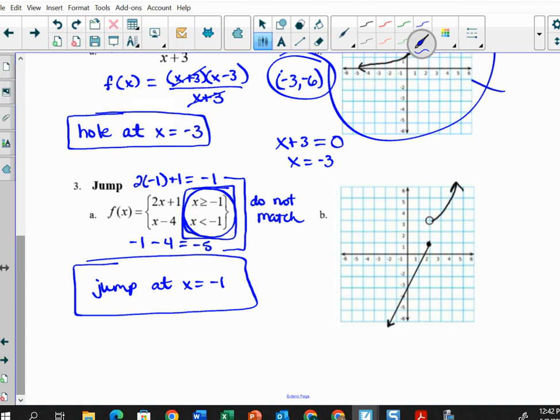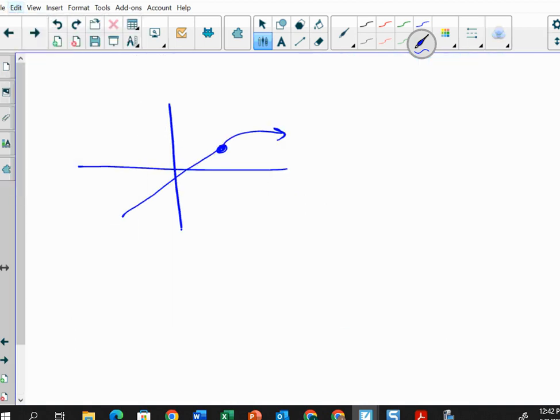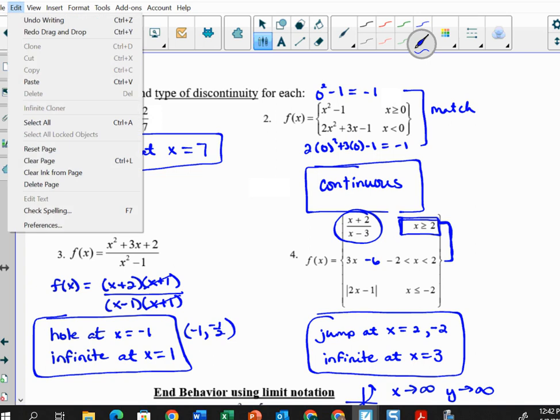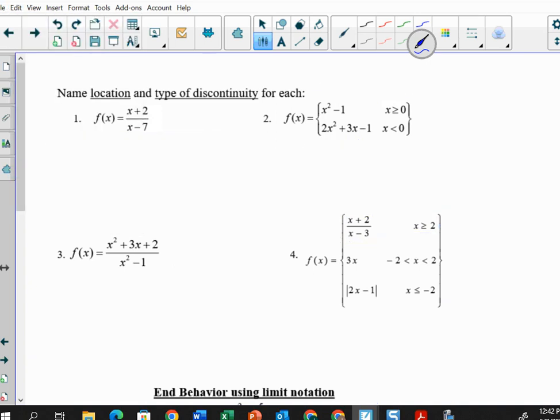All right, let's try a couple. Let's do 1 and 2 together. So I look at number 1. Is that a piecewise function? No, so I probably don't have a jump happening. Is there any factor that can cancel out? Nope, so I do not have a hole in this one.